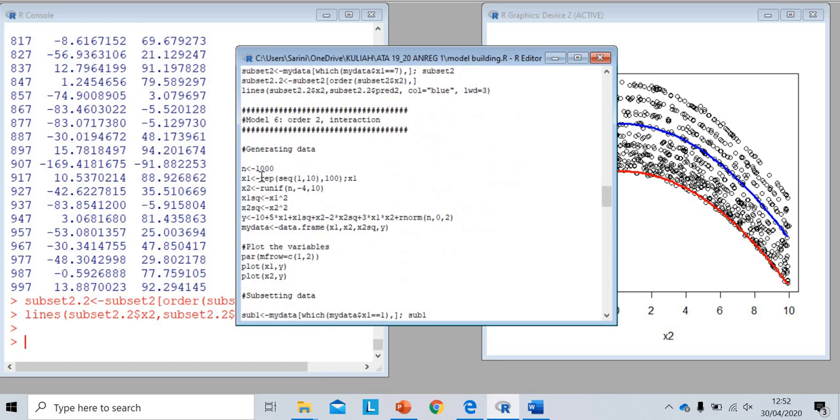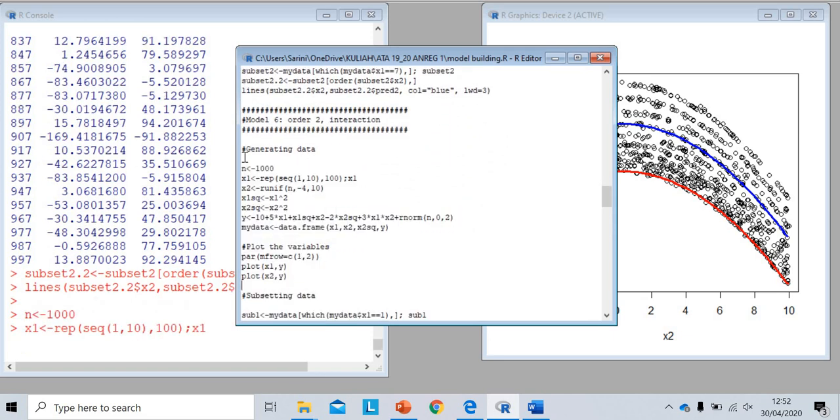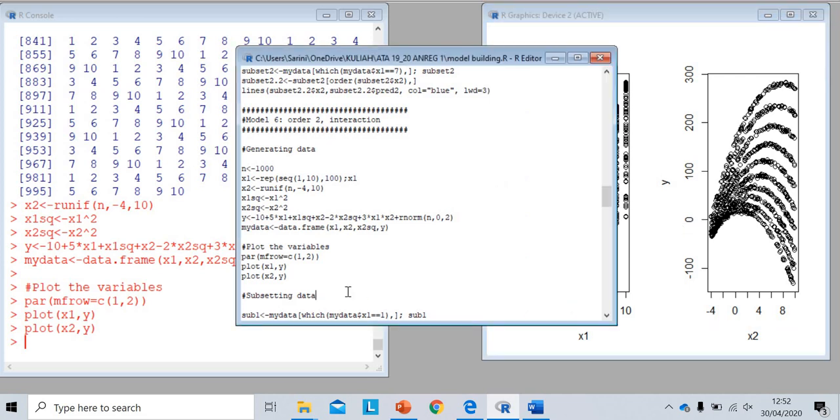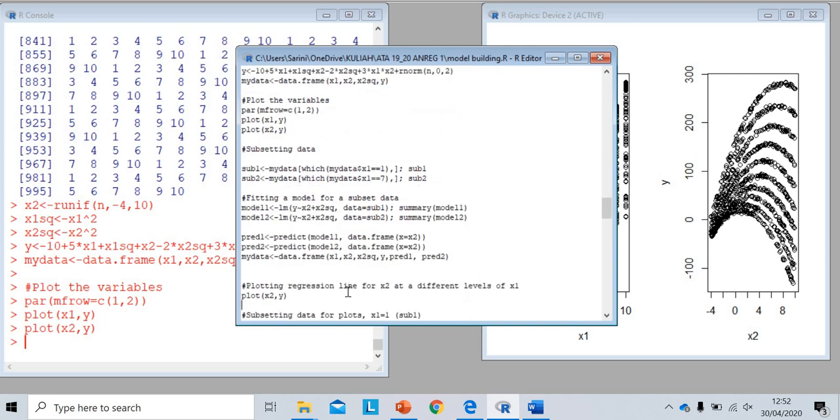Now, what pattern should make us suspect interaction? Here I also have prepared the code to generate the data. For example, we have something like this: again, y with two predictor variables x1 and x2. Now again subsetting the data, I want to see the effect of x2 on y for different values of x1.